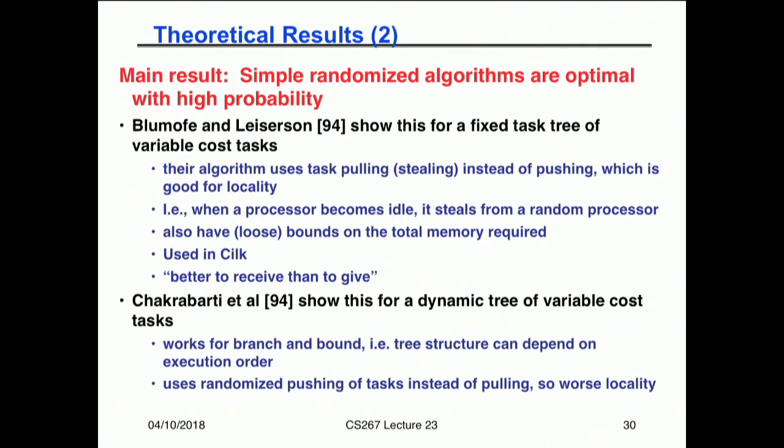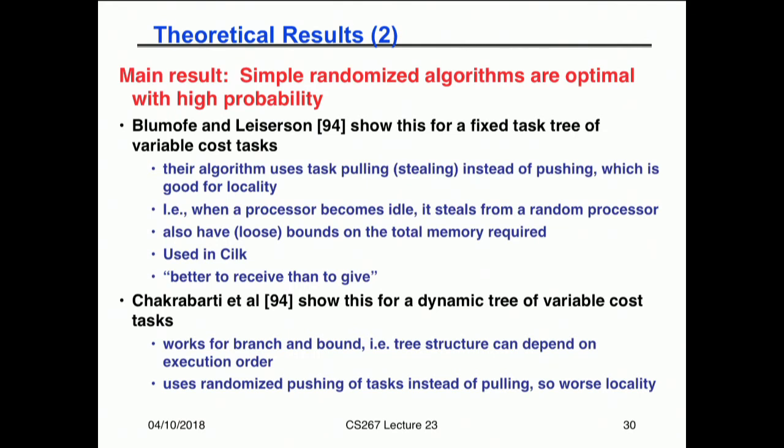Whereas we were looking at the case where you're pushing the tasks out. Looking at these two on the same slide, there is a trade-off between them in terms of locality versus load balance. In the case where you're only stealing work from other processors when you have nothing left to do, most of your work is going to run locally unless somebody comes and steals it.